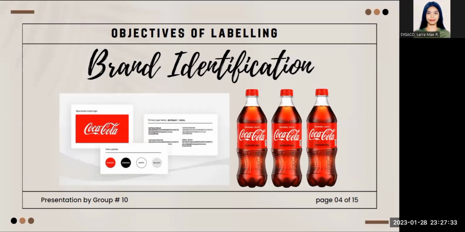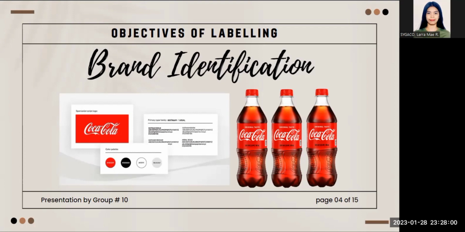So one of my examples here is the Coca-Cola logo, which you can see in the illustrated picture. And there is the Coca-Cola Zero or no sugar. Meron silang klase-klaseng tawag dito, flavor ng Coke, ng Coca-Cola mismo.